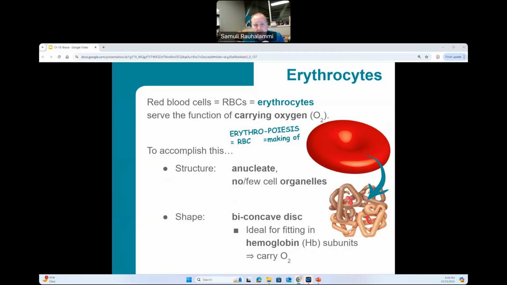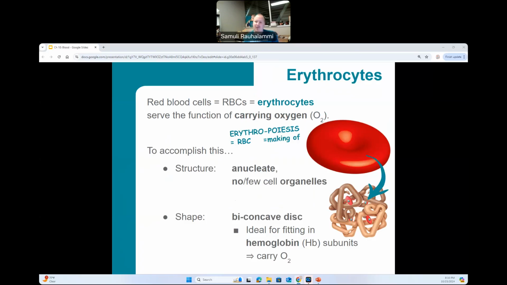And again, if we look at the shape of this arrangement of hemoglobins, we see the depression in the middle here as well. So that really explains the shape of the red blood cells. I do want to mention that in each red blood cell, there are about 250 million hemoglobin molecules, and normal blood contains somewhere between 12 to 18 grams of hemoglobin per 100 milliliters of blood.